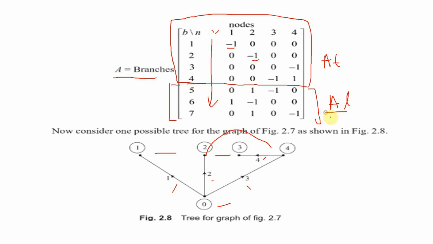So this is the link matrix. Always remember, in MCQ based examinations they ask this question. Tree means all the nodes are present but no closed loop, that is called the tree, and the branches of the tree are called the twigs. The branches or elements which are absent in a tree, that is called the co-tree, and the branches of the co-tree are called links, ties, like that.